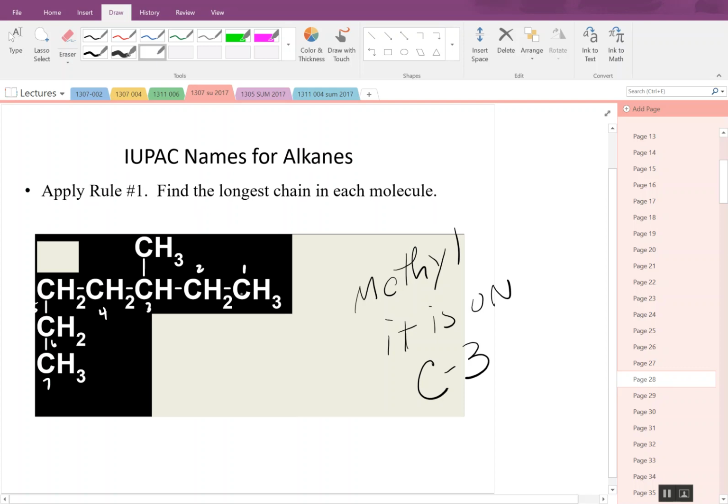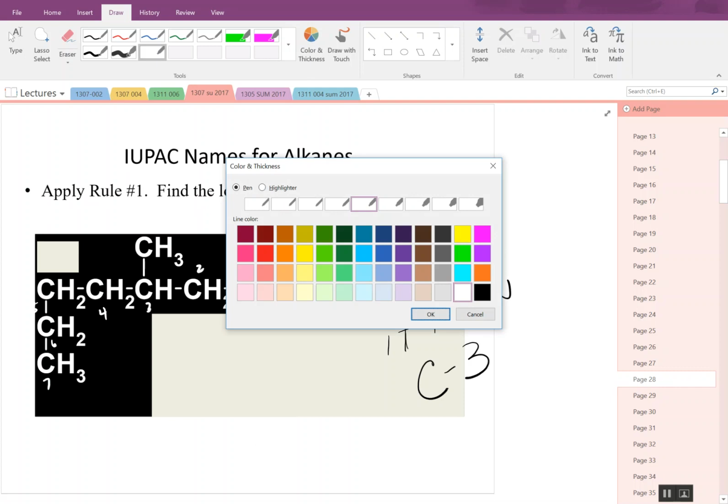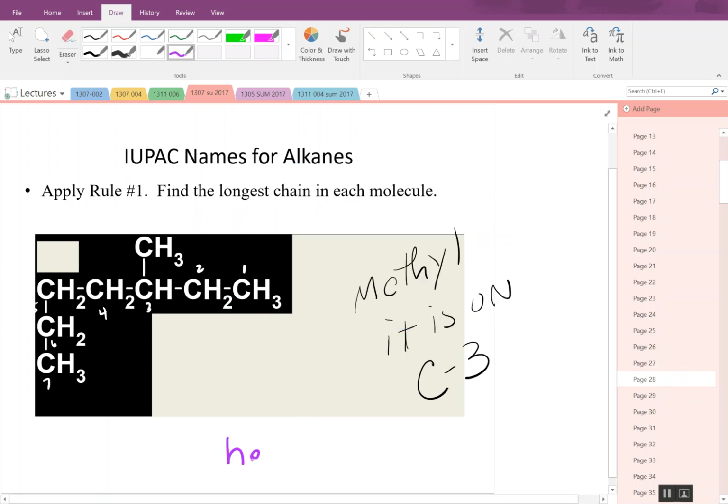What we said here is we've got 7 carbons, so that's heptane. And the methyl is on carbon number 3, so we're going to put a 3-methyl heptane. 3-methyl heptane.